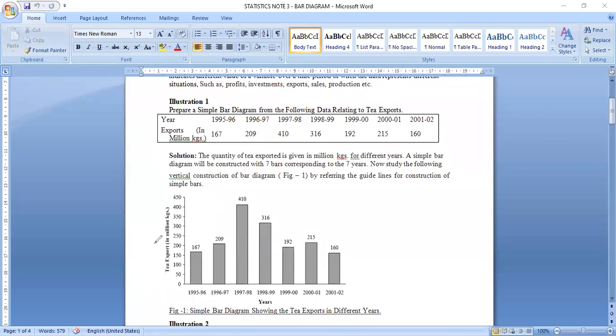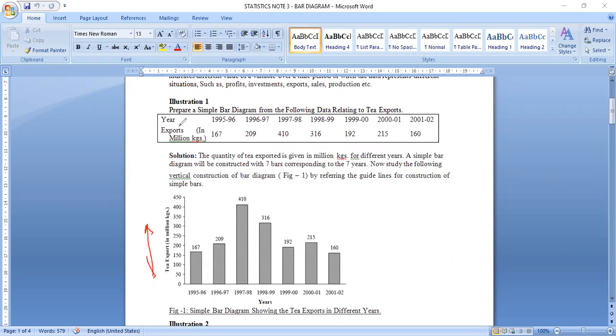So you see, this is the frequency, right? So this is the frequency along this axis.